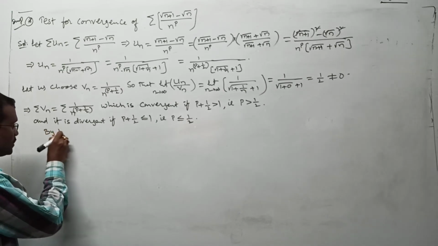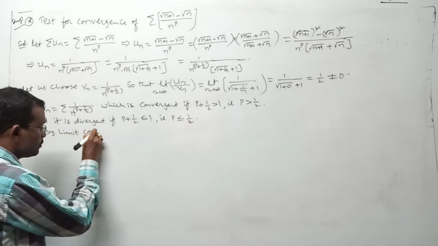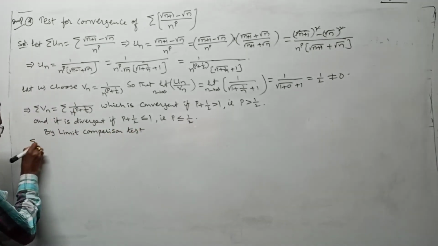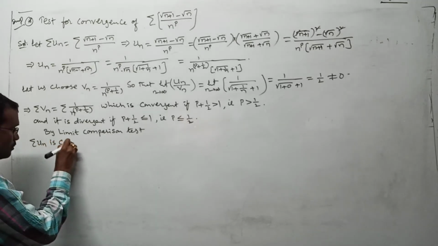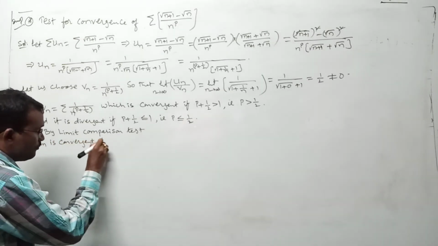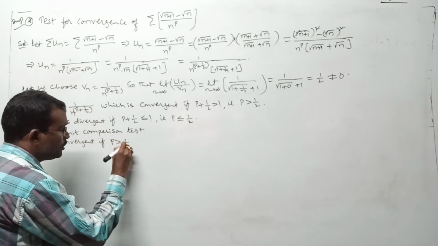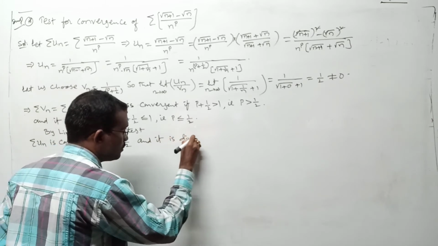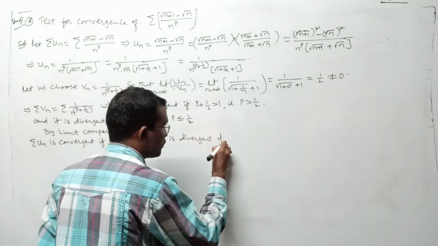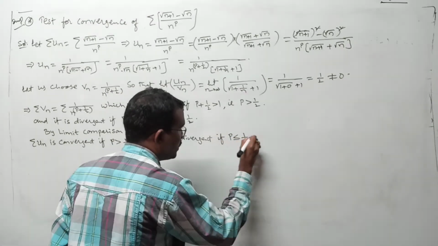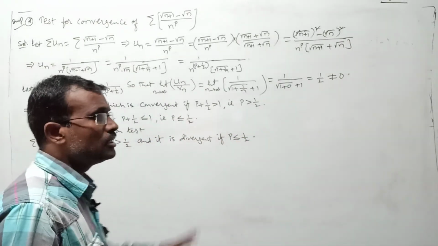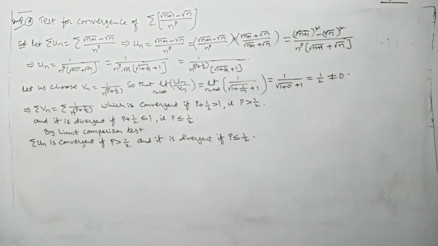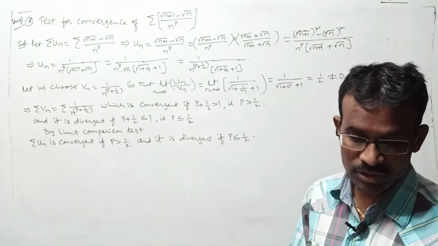By limit comparison test, sigma un is convergent if p is greater than 1 by 2 and it is divergent if p is less than or equal to 1 by 2. This is one special question. That means depending upon the nature of p, we can decide whether it is convergent or divergent, right? That is about this question.